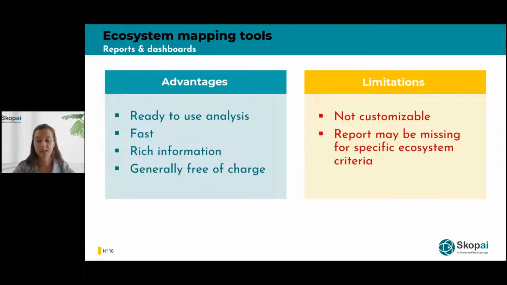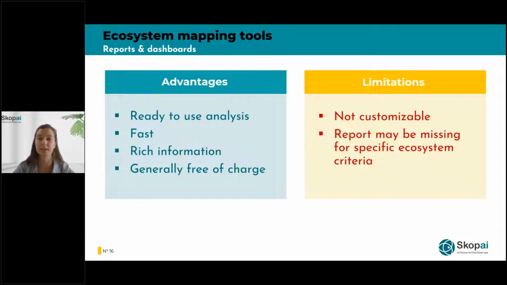However, as the ecosystems and information are predefined, the reports are not customizable. And also, the reports can be missing for specific ecosystem criteria. For example, they may not exist for a particular ecosystem if you are searching for an ecosystem of a particular city that you cannot find the already existing report.